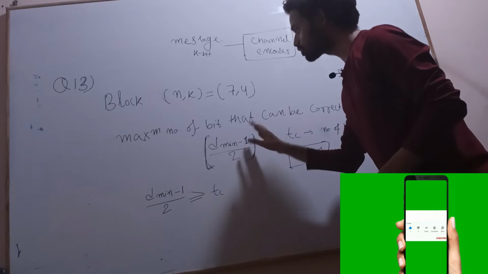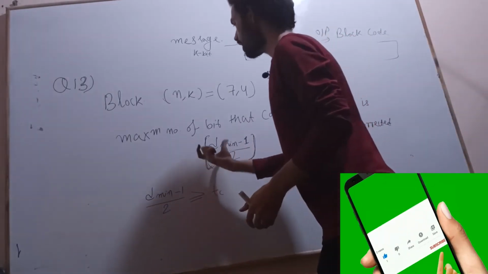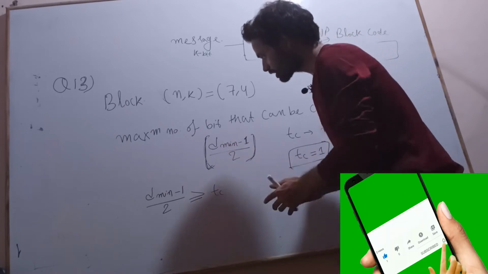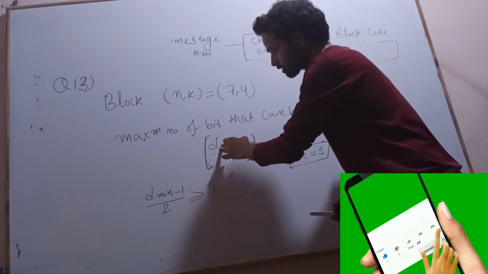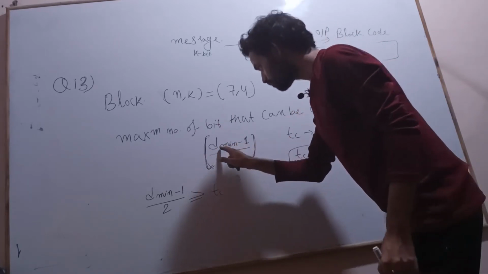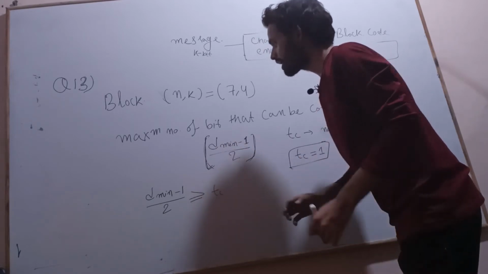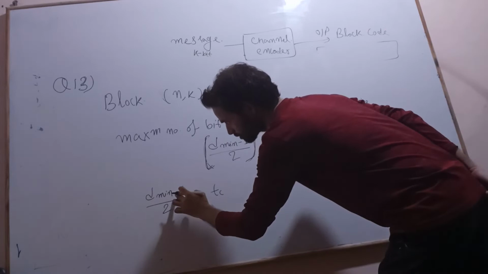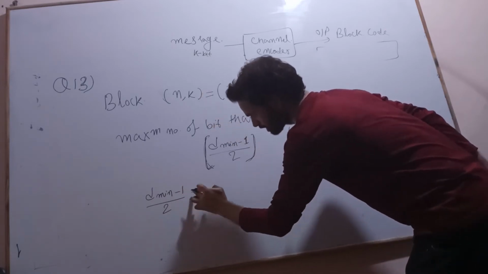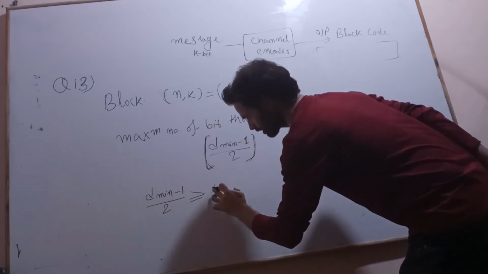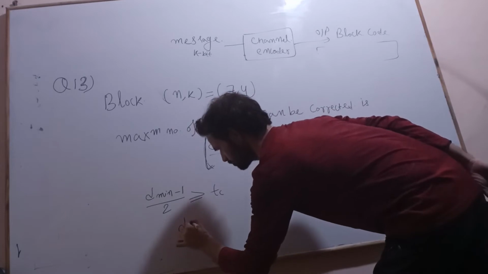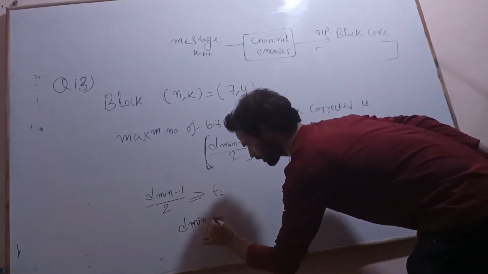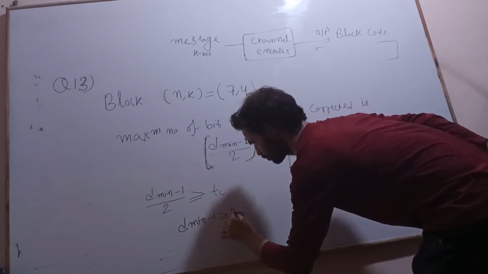Then what should be the D minimum? What should be the Hamming distance? D minimum is nothing but the Hamming distance. It will determine the error control capability of the linear block code. Therefore (D minimum minus 1) by 2 is greater than or equal to tc, so D minimum minus 1 is greater than or equal to 2tc.